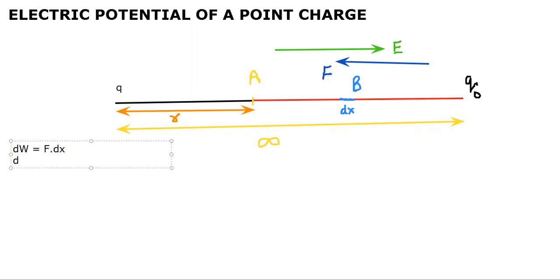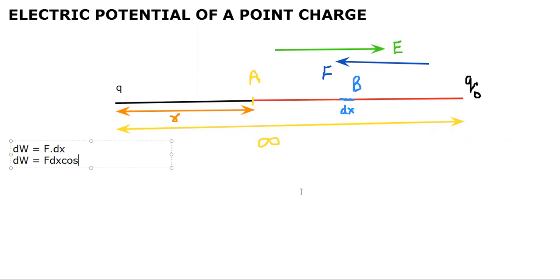Now if you open dot product, F dot dx, it is F dx cos theta. Let's see the angle between force and displacement. The force between Q and Q naught is repulsive in nature, and Q naught is coming against the force.